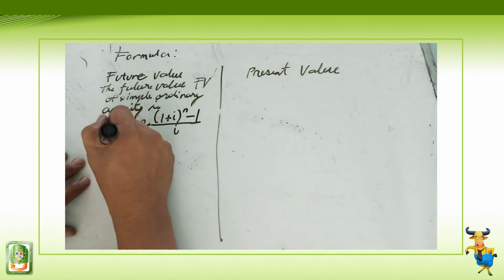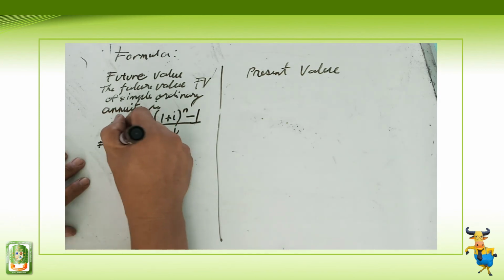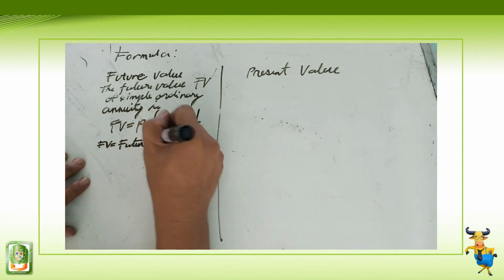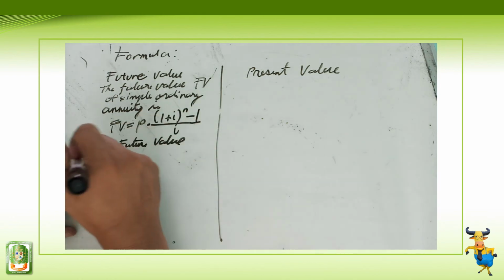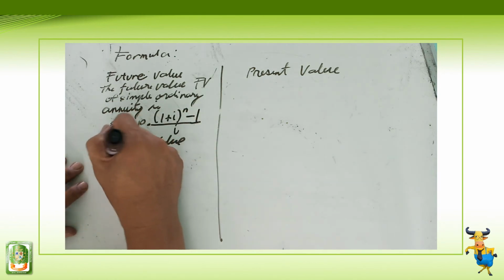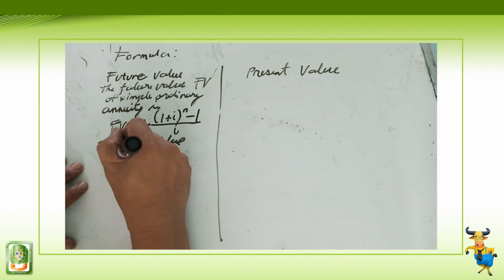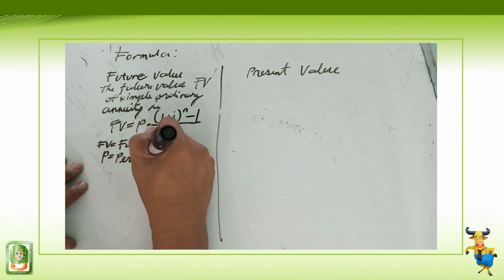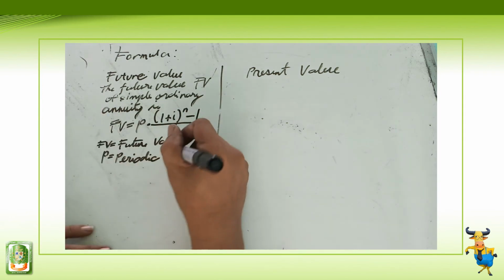Yung FV natin, ito yung future value. Yung P, the periodic payment.